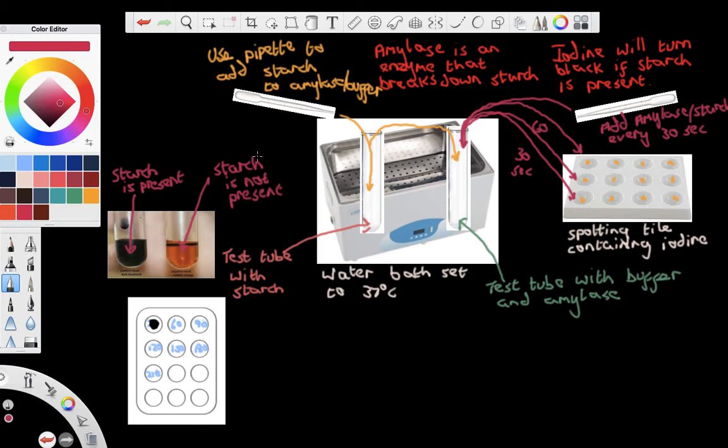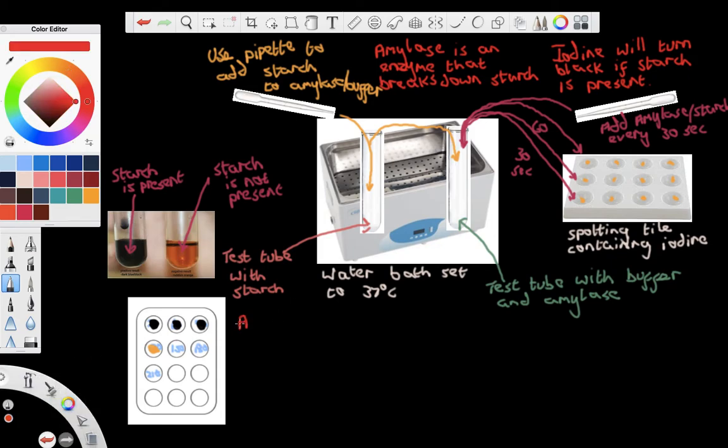Okay? So every 30 seconds, I'm adding my dots at 30 seconds, 60, 90, and then I might find that at 120, it's gone orange. So it's gone from having starch present to the starch not present. Therefore, at 120 seconds, the starch has been broken down by amylase.